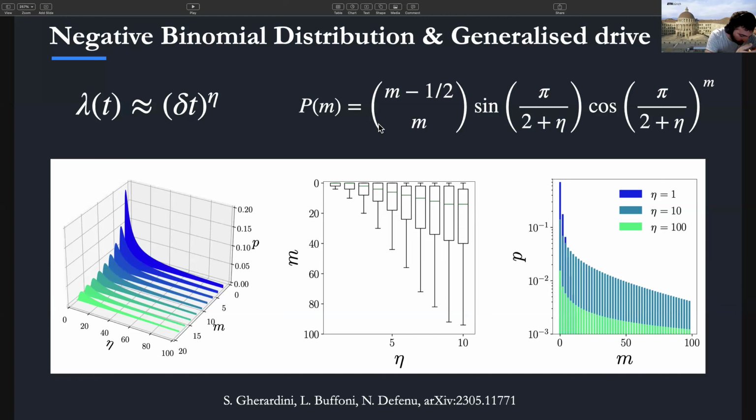You can have this generalized binomial by asking: if I do n trials, what's the probability of having r successes? And you obtain these generalized binomial distributions. The binomial distribution tells you the probability to have one success after some failures, and this gives you the probability of having r successes given k failures. So these are the generalized binomial distributions. But the negative binomials are obtained when you take the number of successes to be a fractional number.